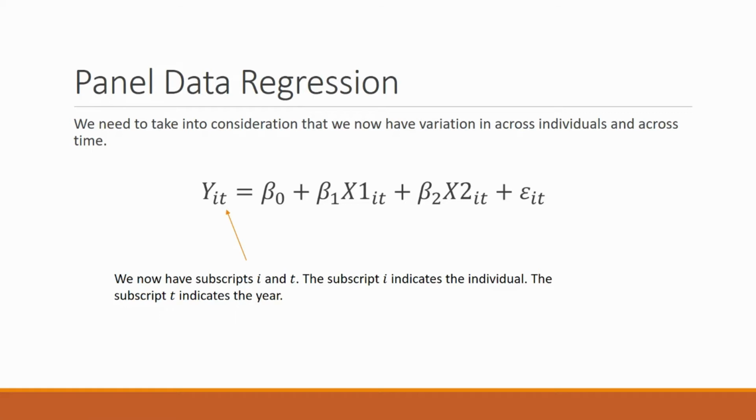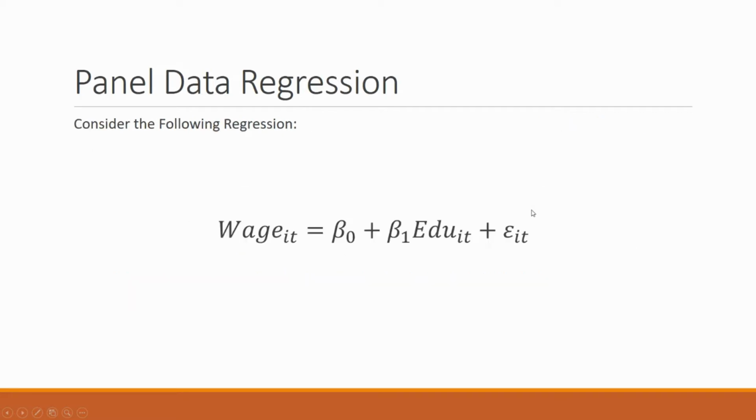So i is typically used for the cross-sectional unit, which is often individuals, and then t is the subscript we oftentimes use for time, which is usually the year. Okay, so we have variation in the dependent variable across individual and across time. Same thing for our independent variables and our error term.